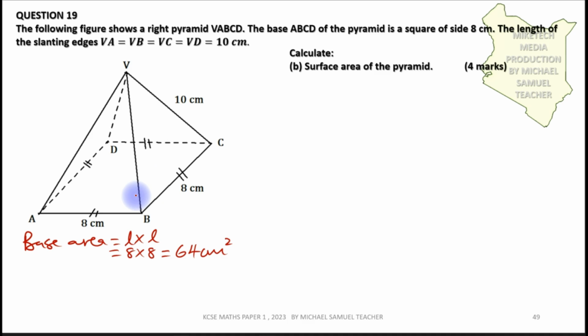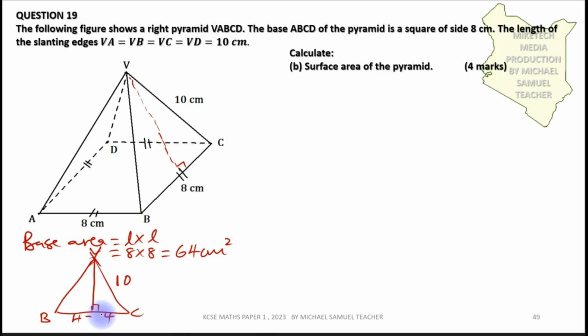So if this is one face, BCV, that's the face I've chosen. I need to get the slant height of the triangle. This base is 8 centimeters, so half of it is 4, and this edge is 10.